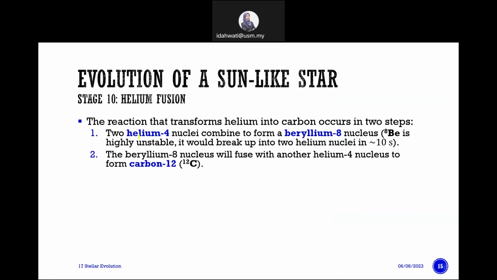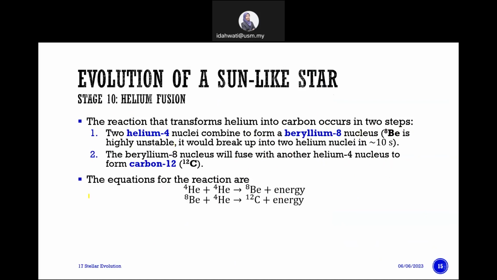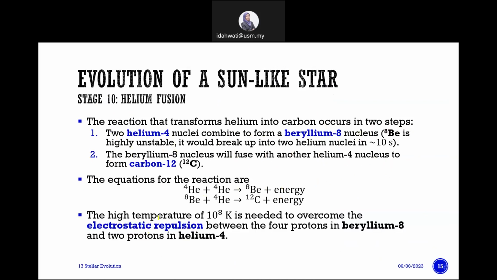The first is that two helium-4 nuclei combine to form beryllium-8, and that nucleus will then fuse with another helium-4 nucleus to form carbon-12. Okay, and this is the equation of the reaction, and I think you should know this.